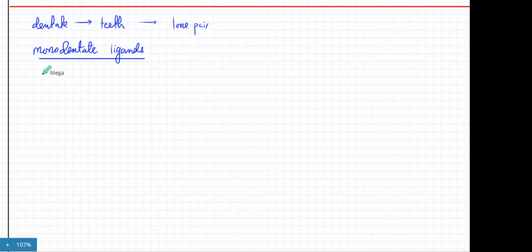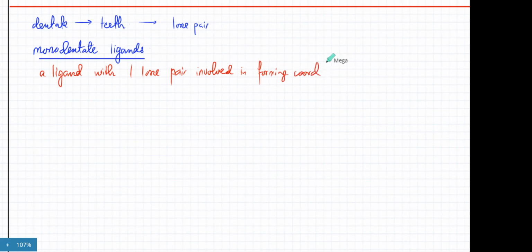So a ligand with one lone pair involved in forming coordinate bonds with the metal ion. That's probably the definition of a monodentate.